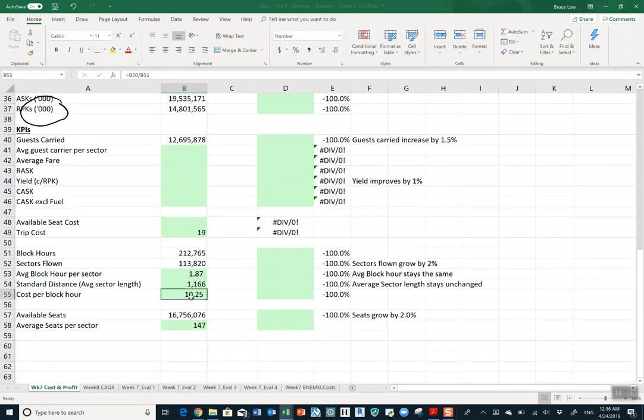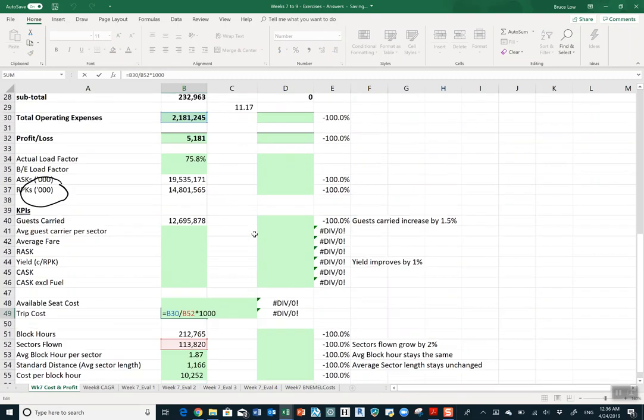So it means for our cost per block hour we need to multiply by 1,000, and our trip cost is also multiplied by 1,000. So it's per sectors flown.